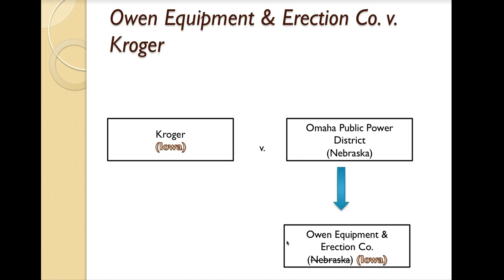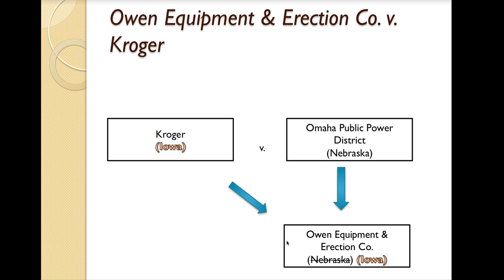At the time that Owen was joined, it was a Nebraska corporation, and that ultimately changed, as the slide indicates. At trial, it became apparent that that was not correct, that actually Owen Equipment was an Iowa corporation, which raises a problem, as we know.